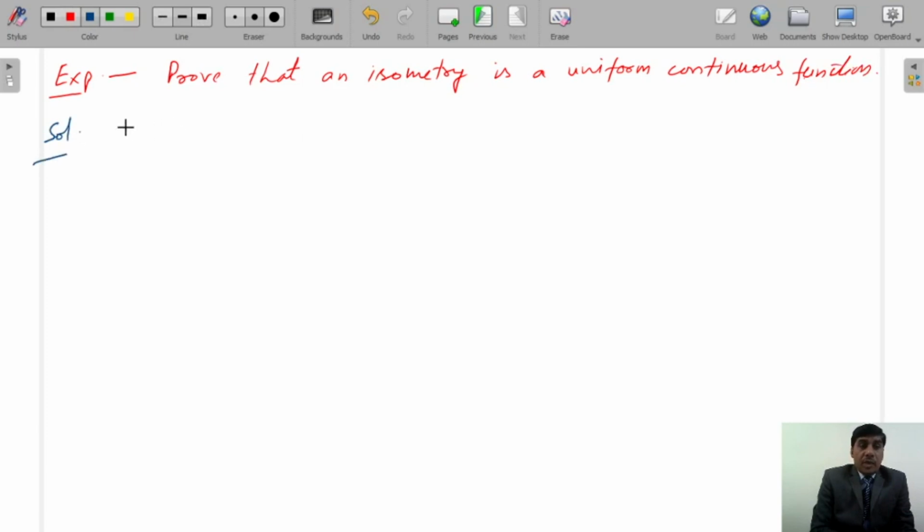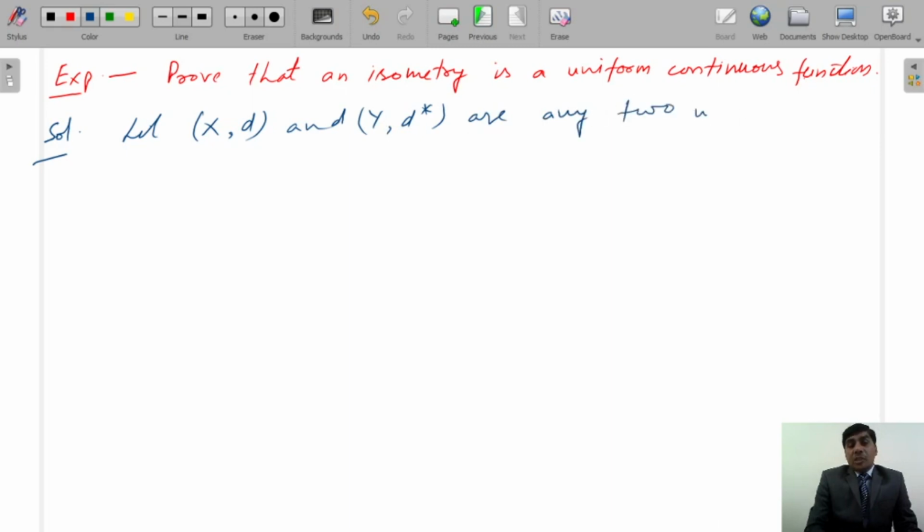Solution, let (X, d) and (Y, d star) be any two metric spaces and f from X to Y is an isometry.